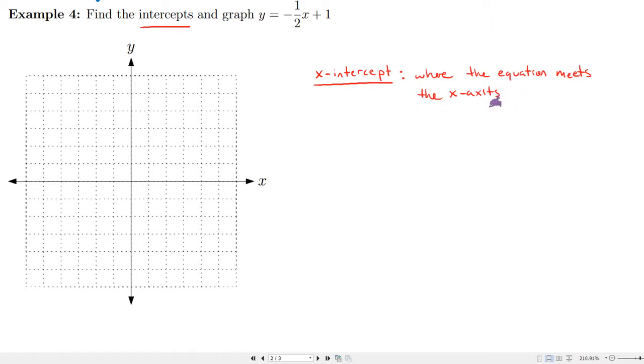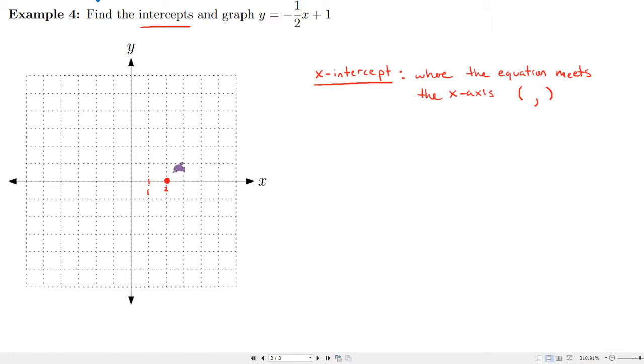So that's going to be a point of what form? Well, if you're hitting this x-axis, what do you notice about the points that are on that x-axis? For example, let's say this is 1, 2. This point right here, what are the coordinates for that point?